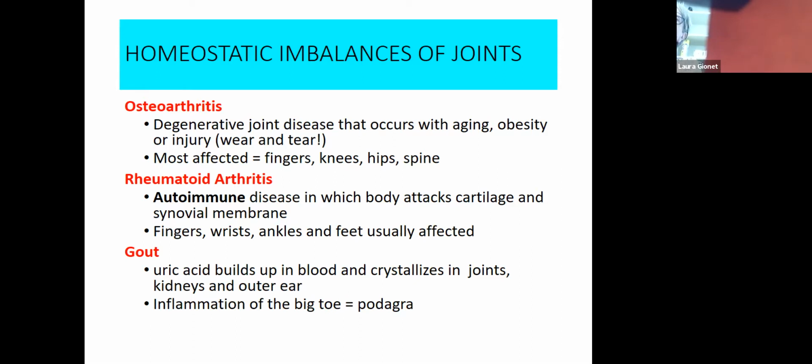Okay, and then we have gout. Gout's an example of a metabolic type of arthritis. It comes from metabolic outcomes. Uric acid builds up in the blood and crystallizes in joints, and in the kidneys and maybe in the outer ear. You produce uric acid when you're metabolizing different substrates for energy for the cells in the body, and it builds up.